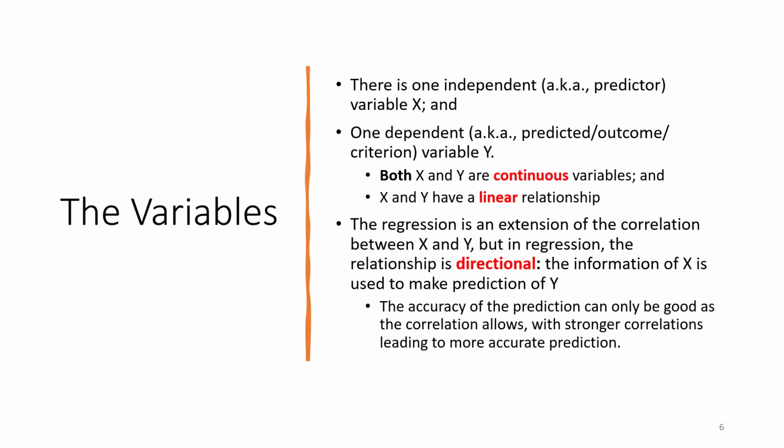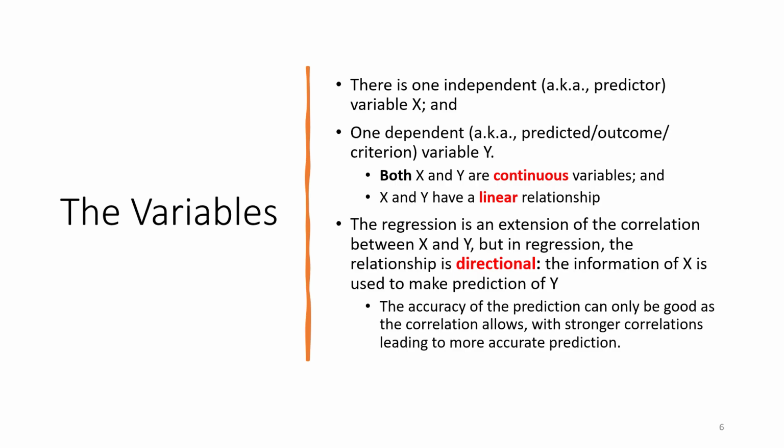Regression is frequently used to make predictions. Prediction is the process of estimating scores of one variable y on the basis of knowledge of scores on another variable x. The regression analysis begins with selecting dependent and independent variables.